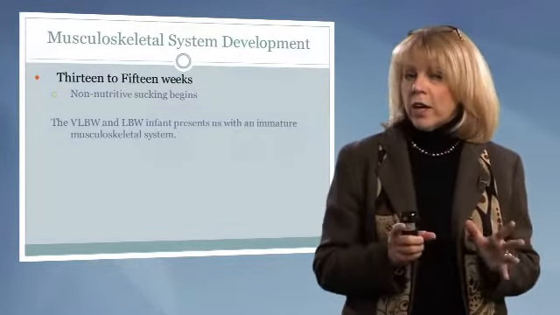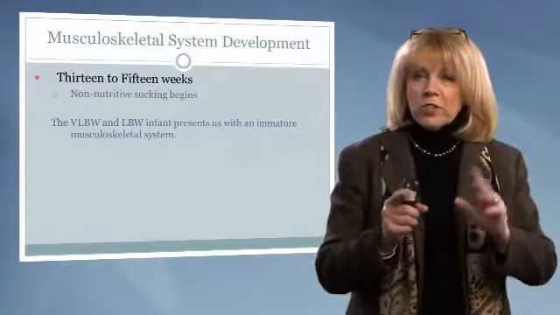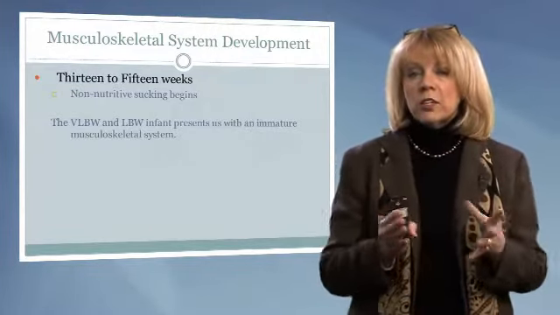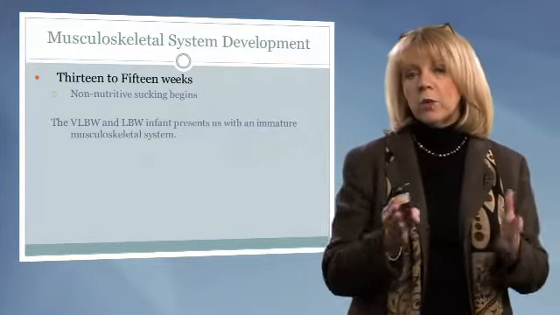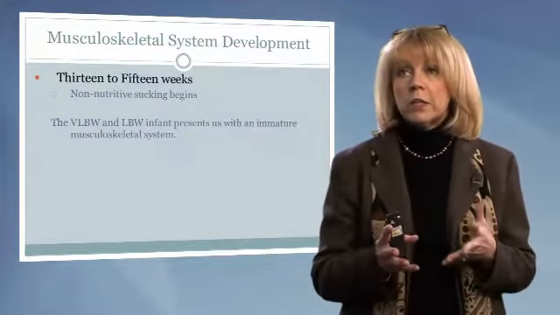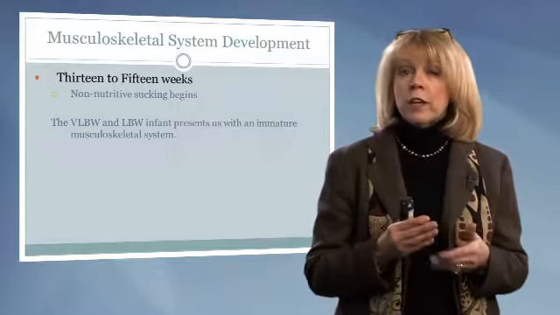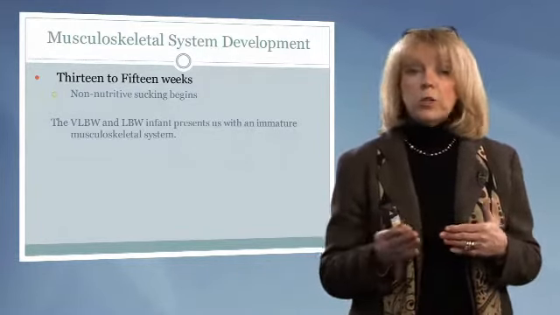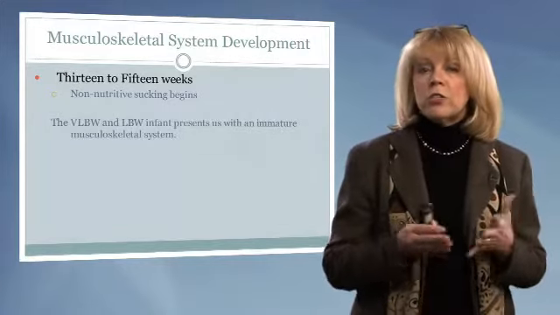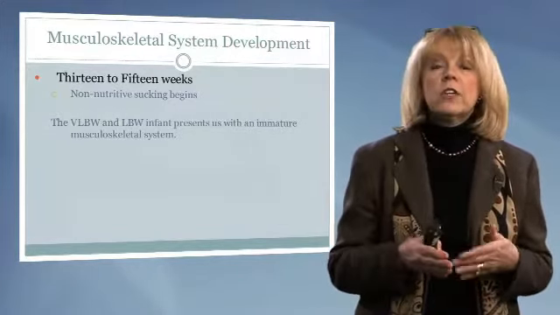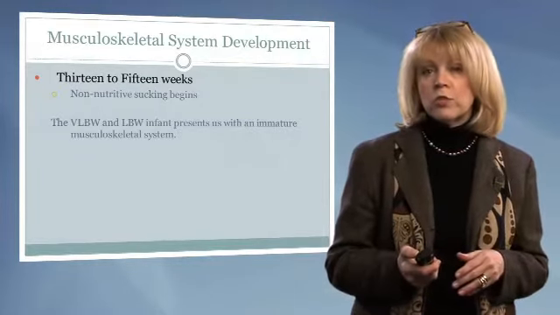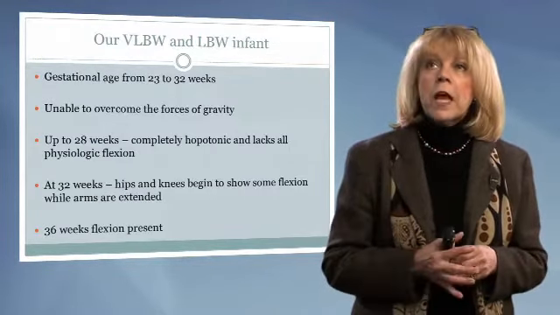Check one out at the library, or wipe the dust off the one you have at home, because it is amazing to refresh yourself as to exactly what is taking place and when, so that when you get that infant at 23, 24, 28, or 32 weeks, you really understand exactly where he is with the musculoskeletal system, as well as how it relates to the neurosensory system.